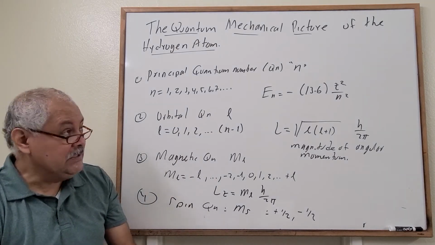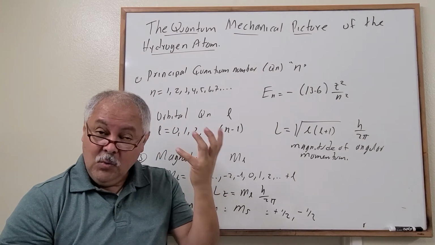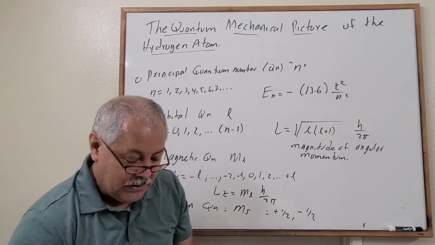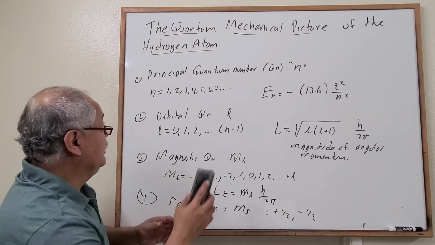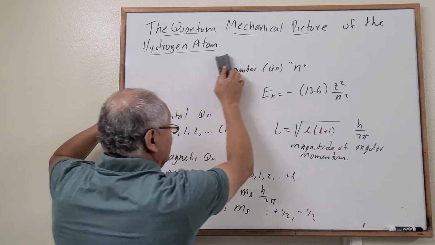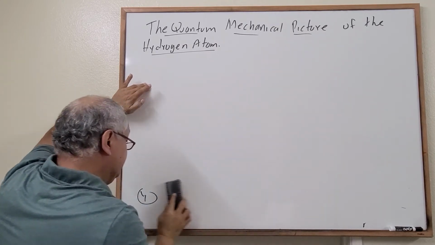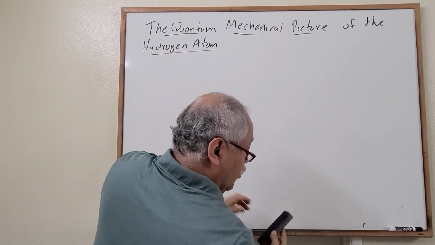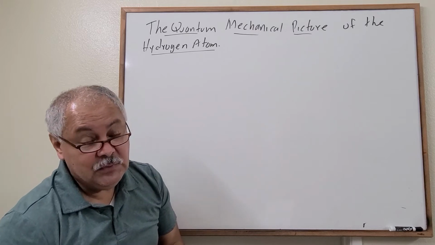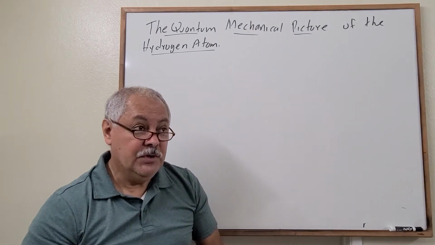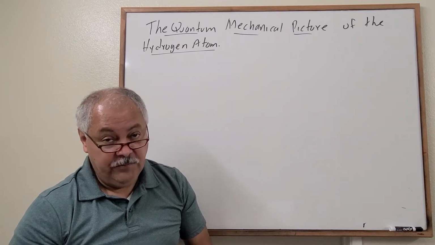multi-electron atoms. Until now we have dealt with atoms with only one electron. What happens when we have multi-electron atoms? In this case, we need to represent all these electrons, and to do that we use the electron configuration.